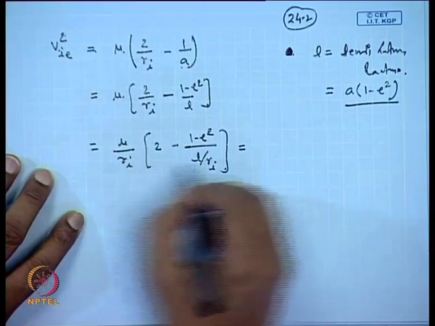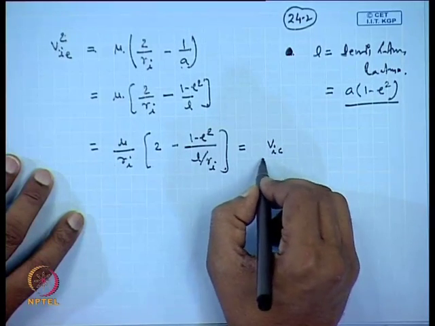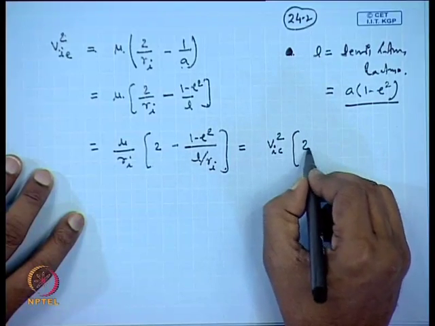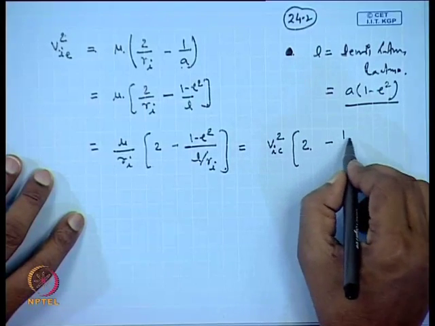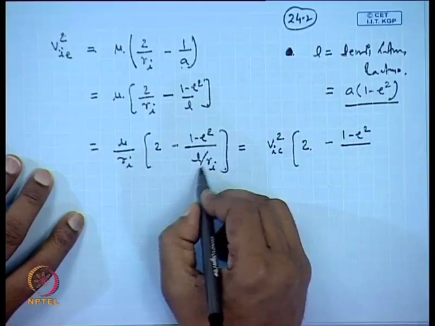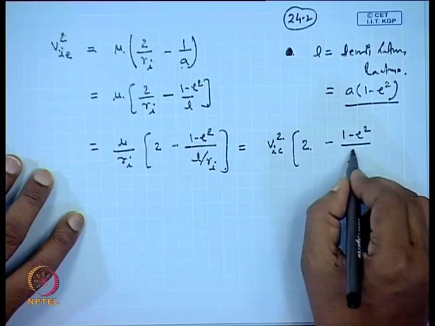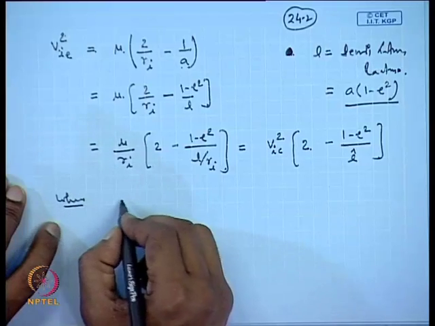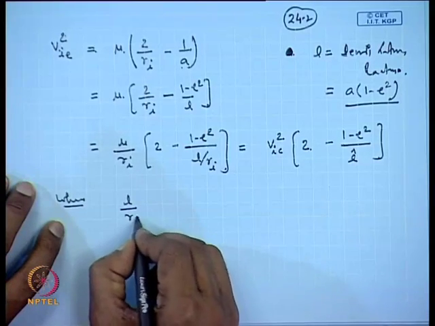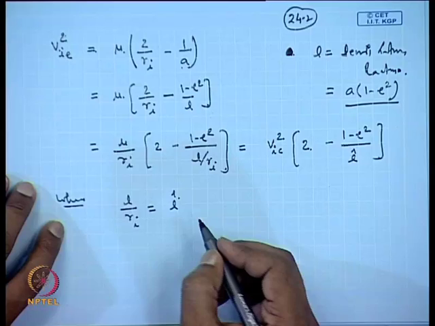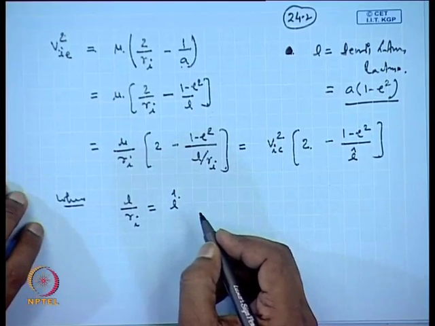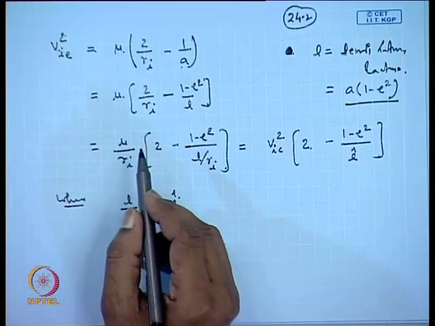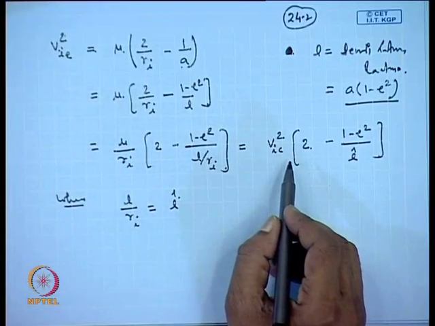So, mu by r_I is nothing but V_Ic squared, which is the velocity in the circular orbit squared. So, this becomes 2 minus 1 minus e squared times L by r_I, where L by r_I we write as L cap. So, we have a very simple expression for V_Ie written in terms of V_Ic.